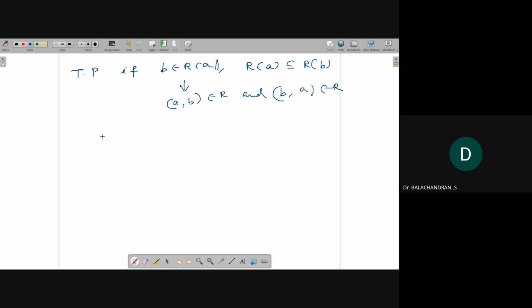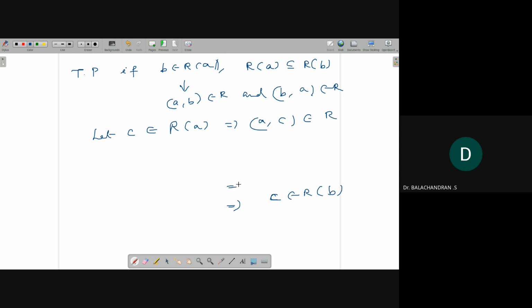Now I take an element C in R of A. This implies A comma C in R. Finally I need to prove C in R of B.